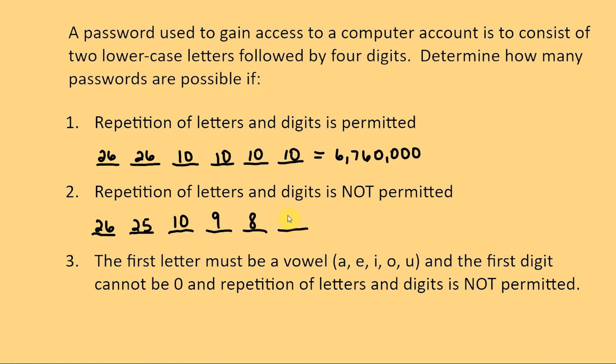And then in the last position, we would only have 7 left to choose from. So again, we would just multiply all of those numbers together, and that would give us 3,276,000 possible passwords.